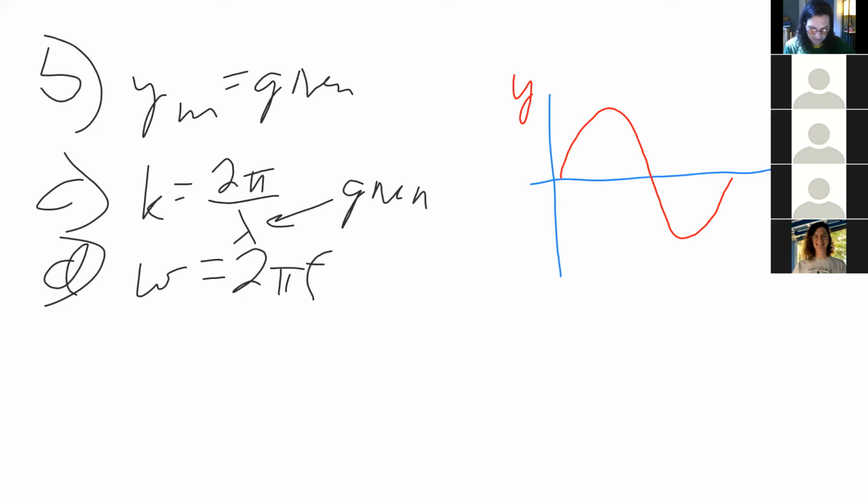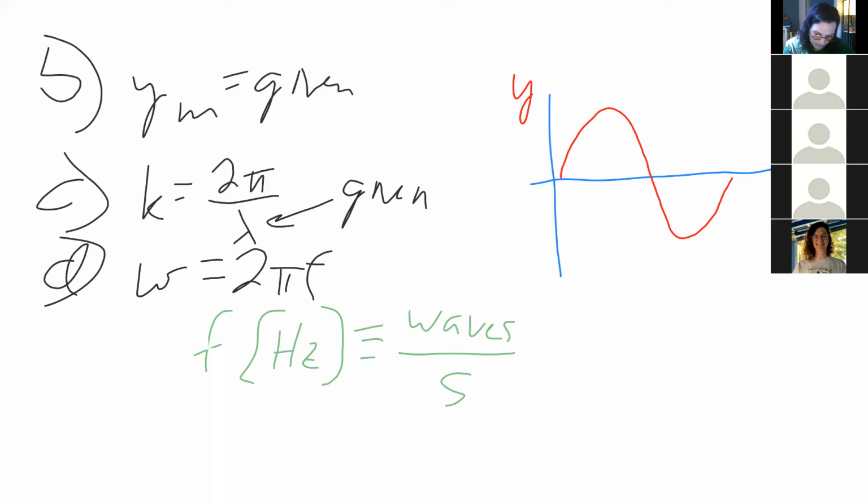The frequency, remember, f is in hertz, and this is the same thing as waves per second is a hertz. These brackets just mean that we're talking about units. So 1 hertz is 1 wave per second. How do I find out the number of waves per second from this graph?